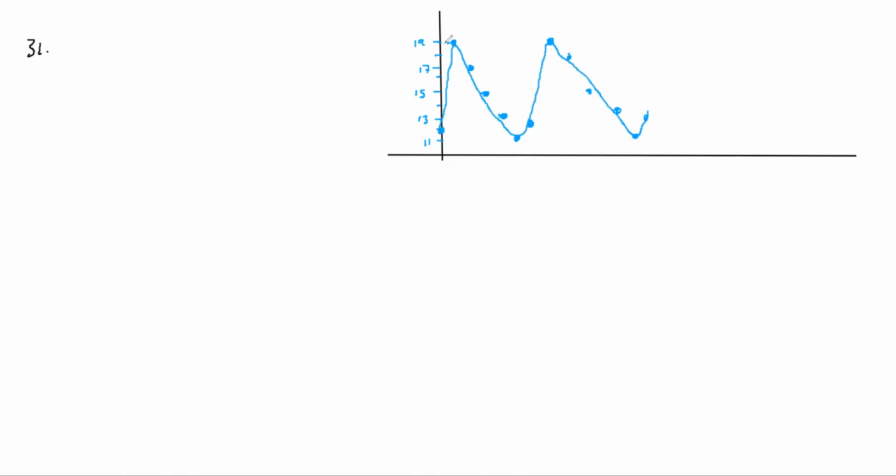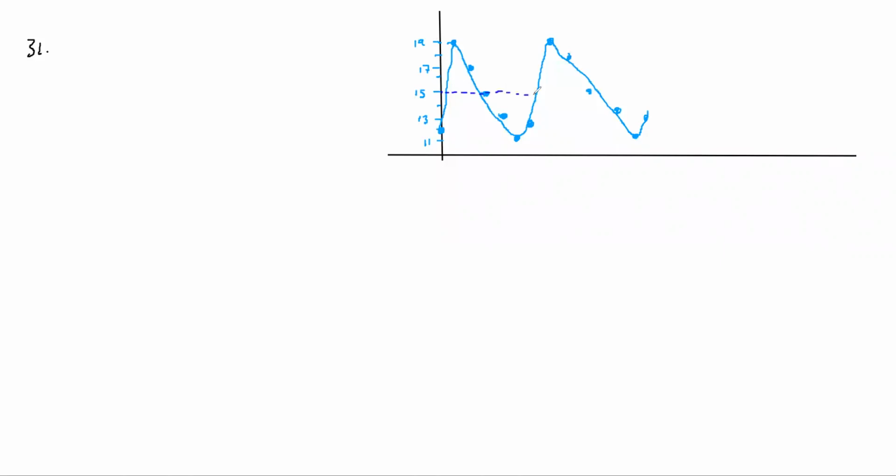So what is going to be my quote unquote middle line here? What is the point between the high point and the low point? 19 minus 11 is 8, divided by 2 is 4. So it's going to be 4 above 11, so that's going to be 15.